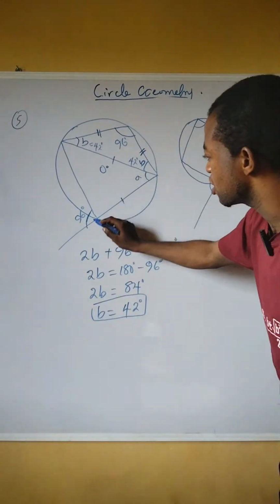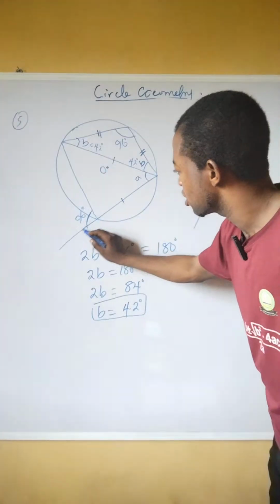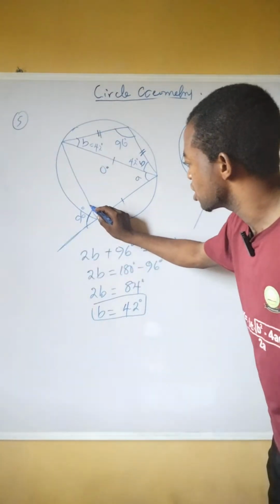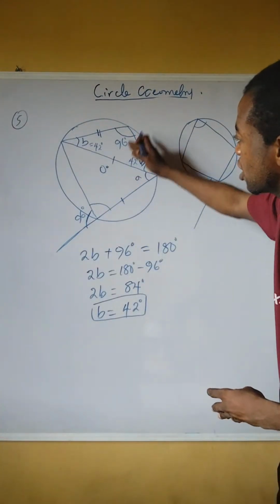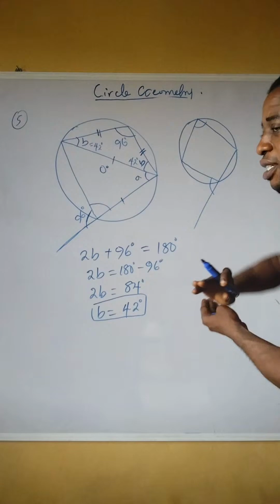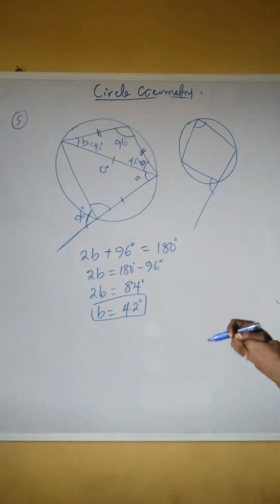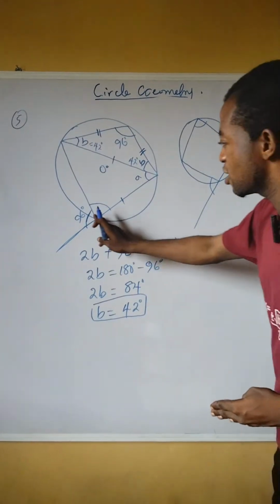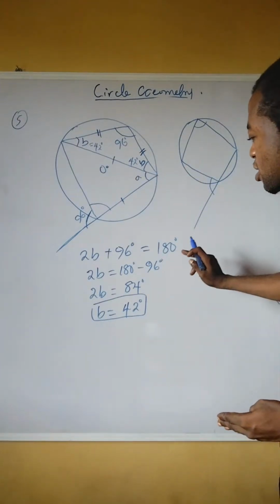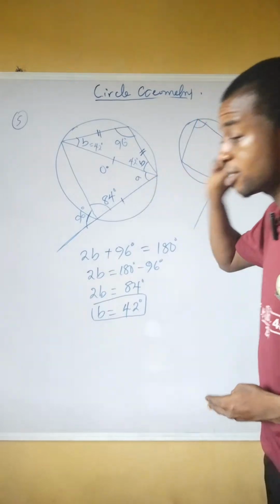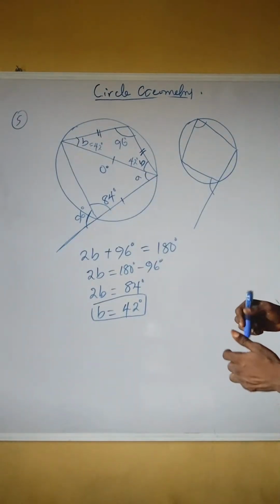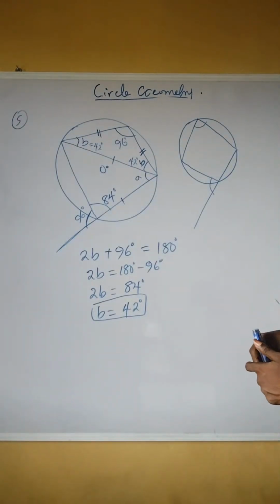Also come here. This is a straight line. Any one you use: you can use a straight line, angles on a straight line add up to 180 degrees, or you can say opposite angles of a cyclic quadrilateral add up to 180 degrees. It gives you the same thing. So just subtract 96 from 180, and that's 84. It makes this angle 84 degrees, right? Now, what happened next?